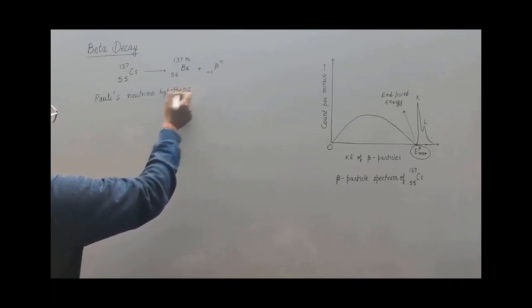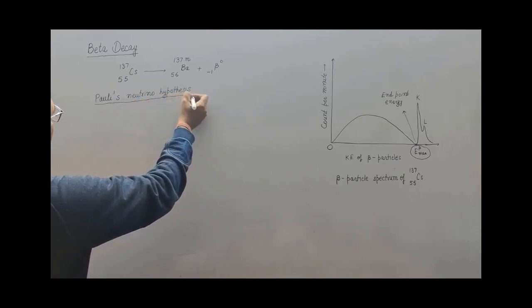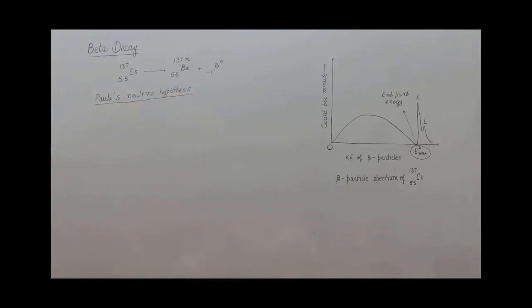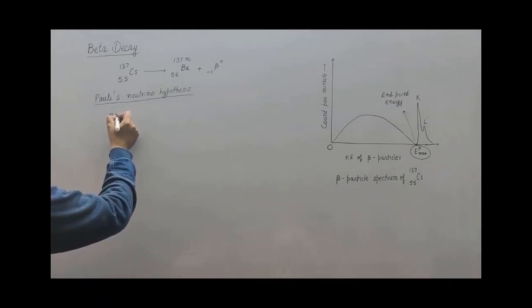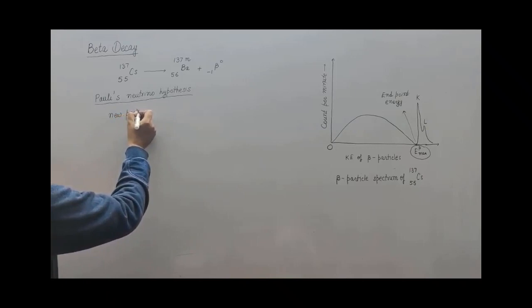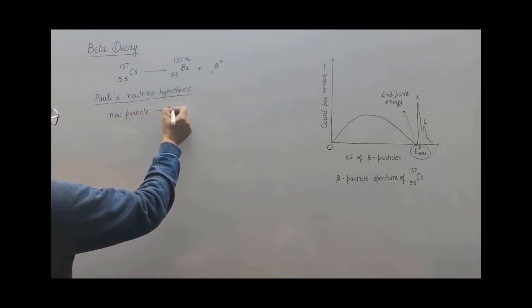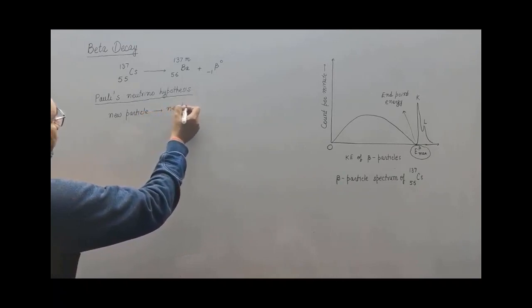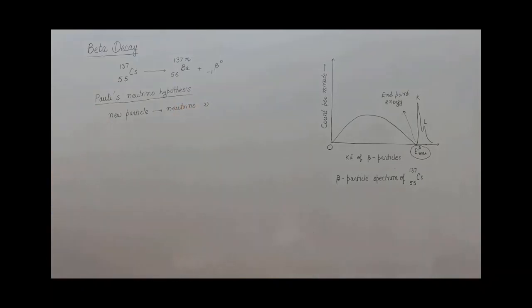To explain these four facts which we have discussed, Pauli produced the neutrino hypothesis. In this hypothesis, he postulated a new particle, which he called the neutrino, represented by nu.